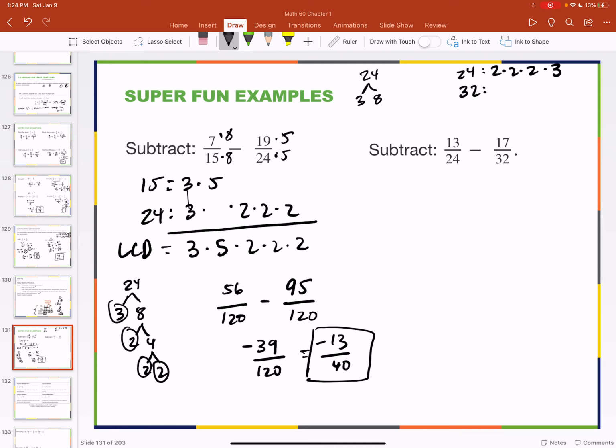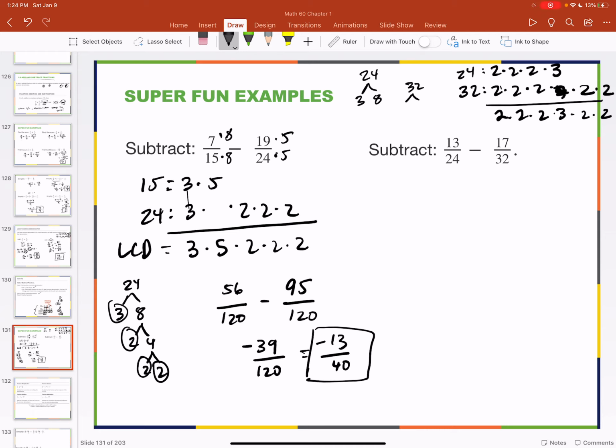Okay, and then 32 is going to be 8 times 4, so 2 times 2 times 2 times 4. Or we could write that, so let me just, here, it's 2 5 times, okay? So, okay, we need to leave a space here because we don't have a 3 for 32. So using this column method, 2 times 2 times 2, bring down the 3, okay, bring down everything else.